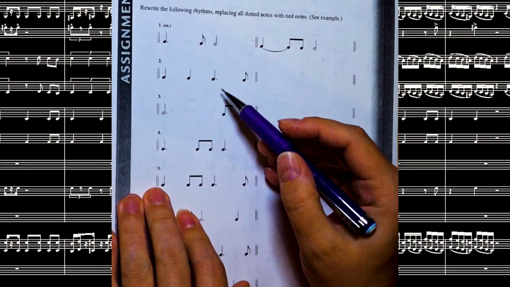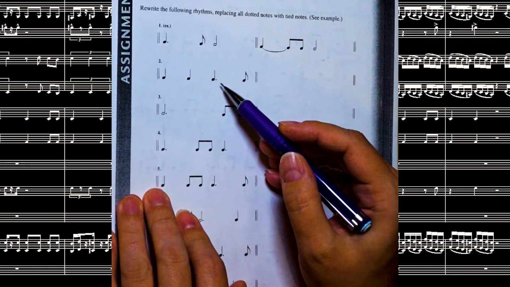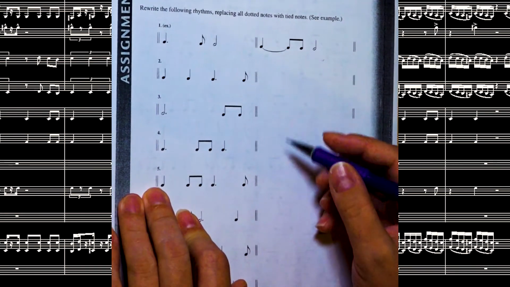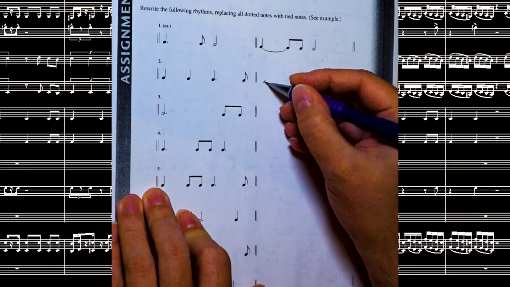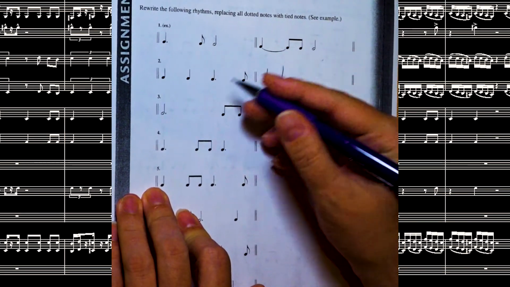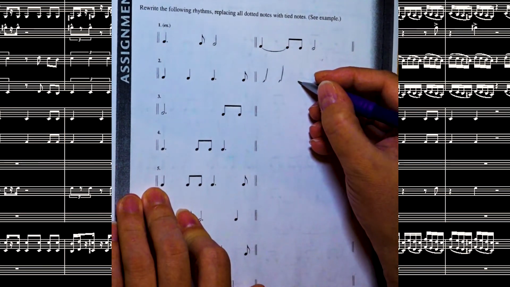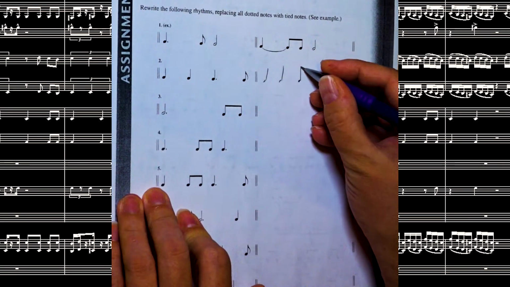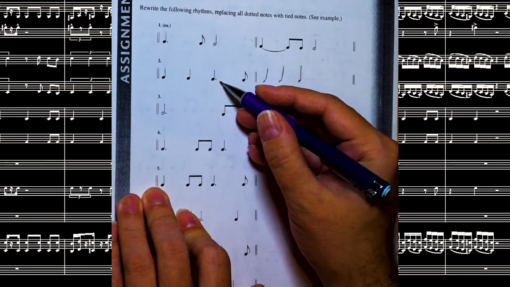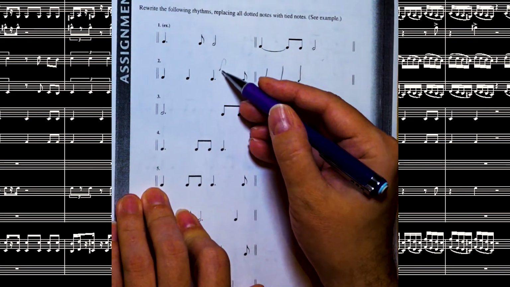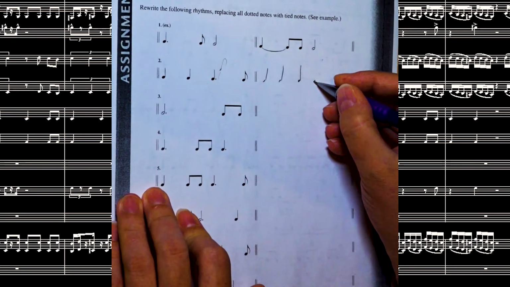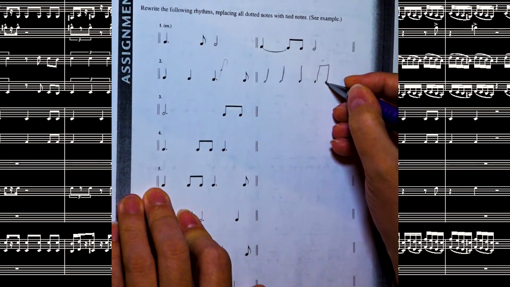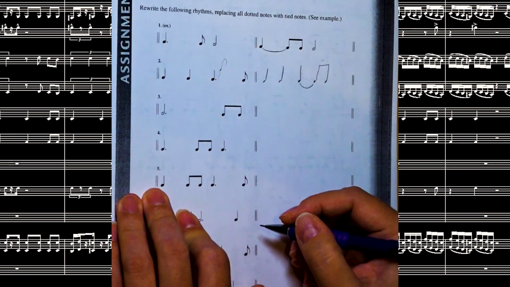Alright, so now we're replacing all the dots with ties. So quarter, quarter. I've got to tie this, so I'm going to make this a quarter, and that's equal to an eighth note, remember? So we're going to have 2 eighth notes tied.